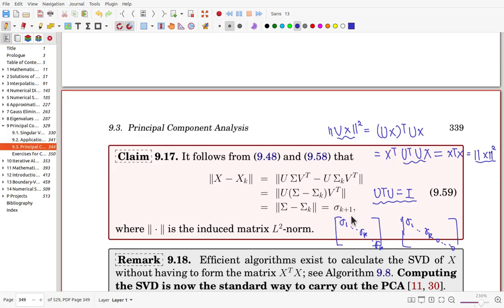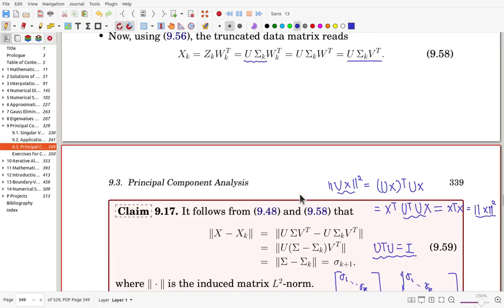So we can easily compute the difference. It is also easy to approximate: just choose the first k components from the singular matrix sigma, so that we can get the approximation, and the difference can also be easily understood.